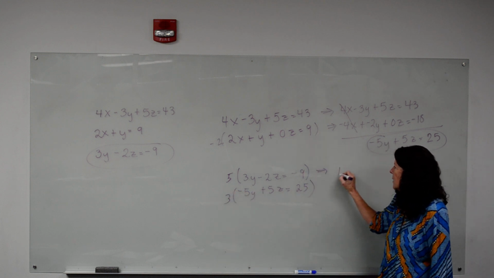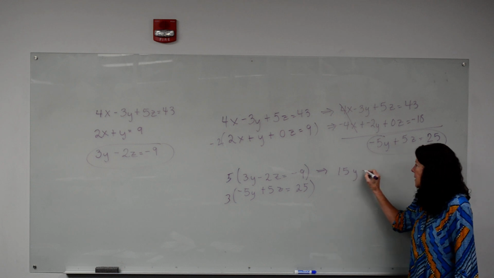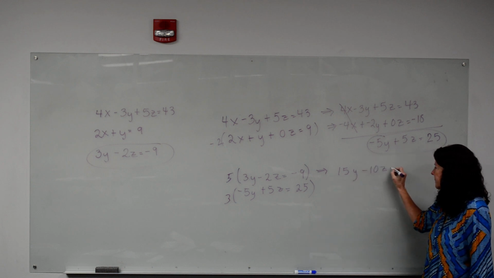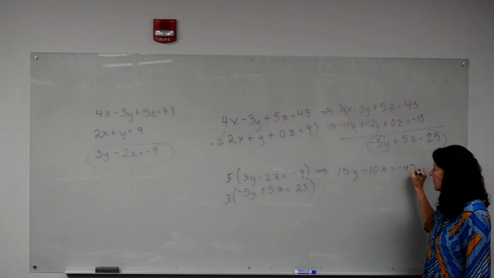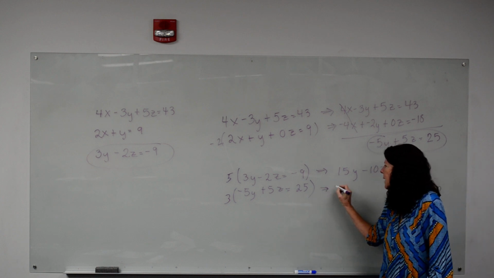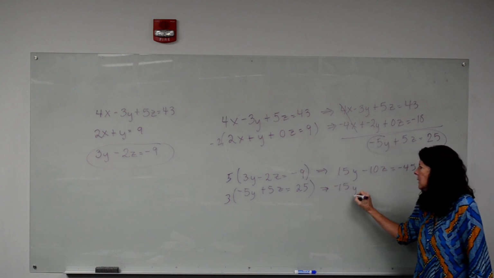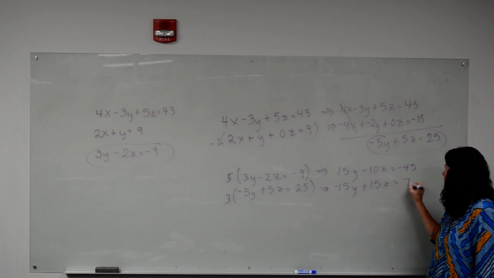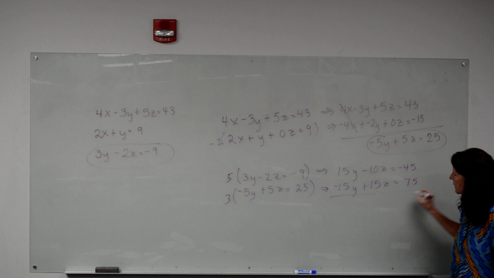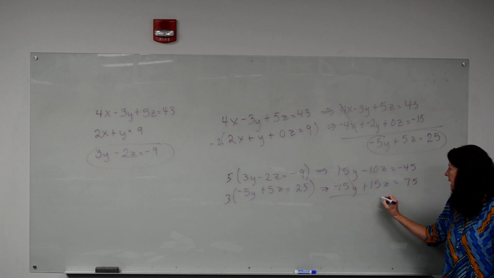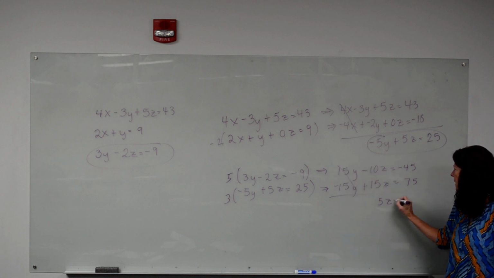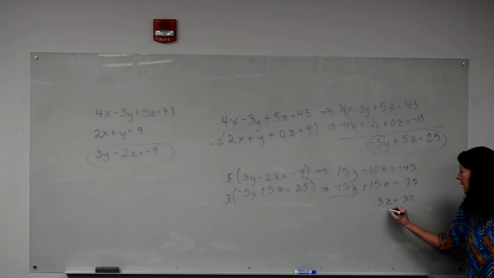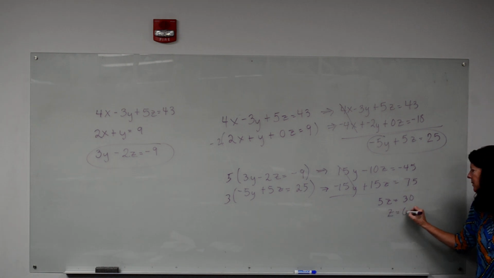So when I bring this over, I do 15y minus 10z equals -45. This one is -15y plus 15z equals 75, and I'm going to add. That goes away. That gives me 5z equals 30. When I divide, I get z equals 6.